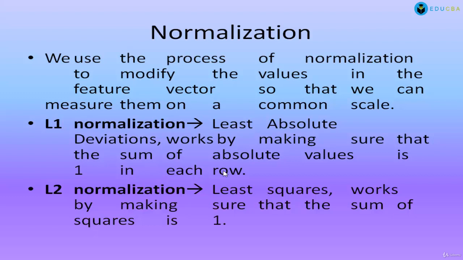There are two different types of normalization: L1 normalization and L2 normalization. L1 normalization means least absolute deviations, and works by making sure that the sum of absolute values is 1 in each row. In the case of L2 normalization, that is least squares, it works by making sure that the sum of squares is 1 in each row.